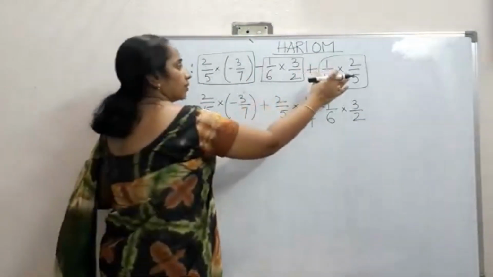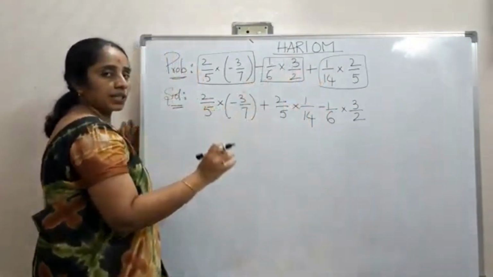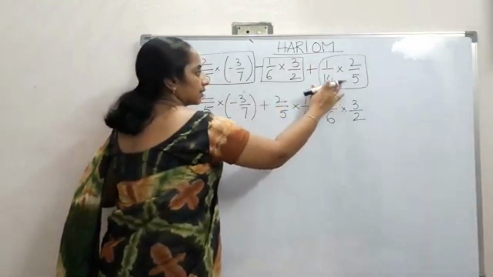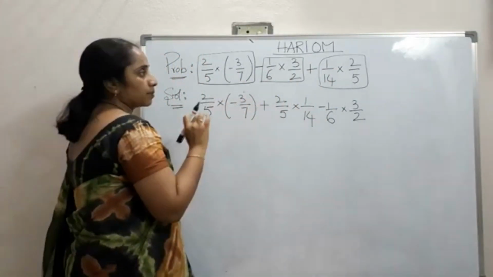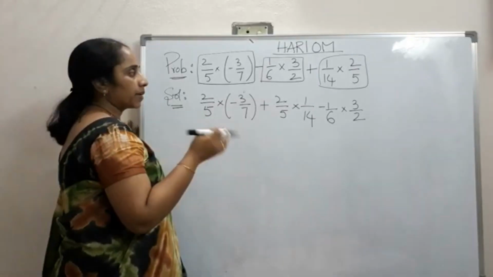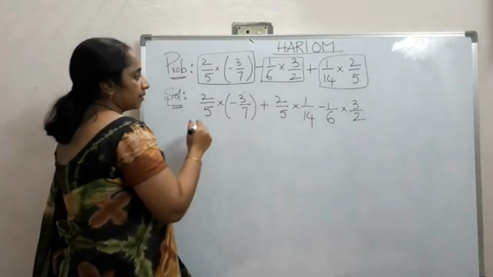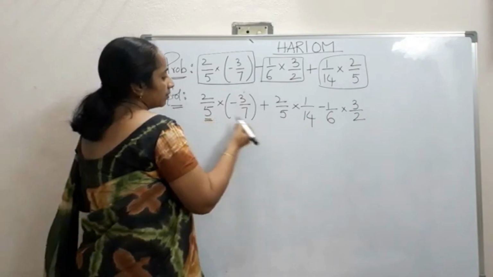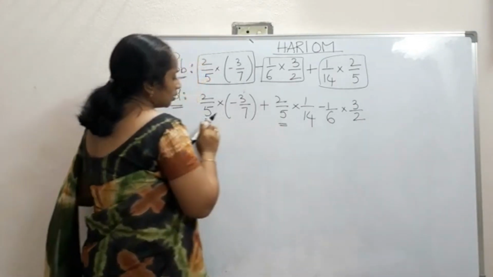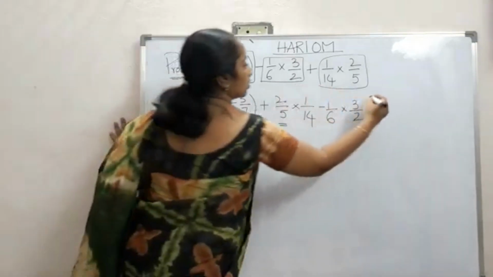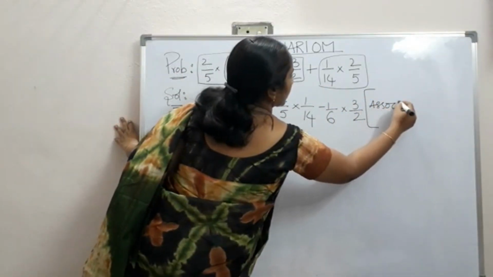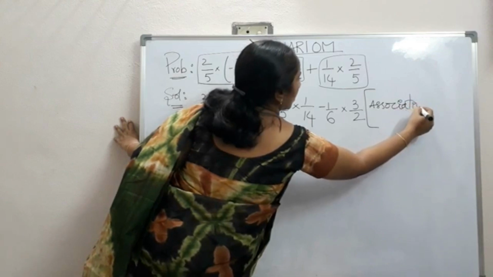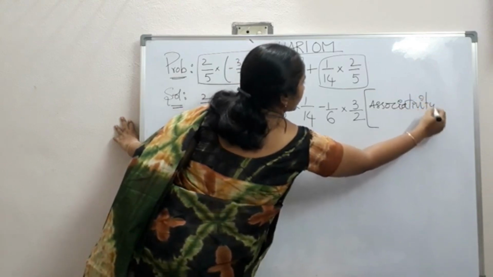So, by using the associative property, I have taken this term to here, that is a plus b is equal to b plus a. Here again in this 2 by 5, 2 by 5 into. Whatever we applied, we have to write here that it is associativity.